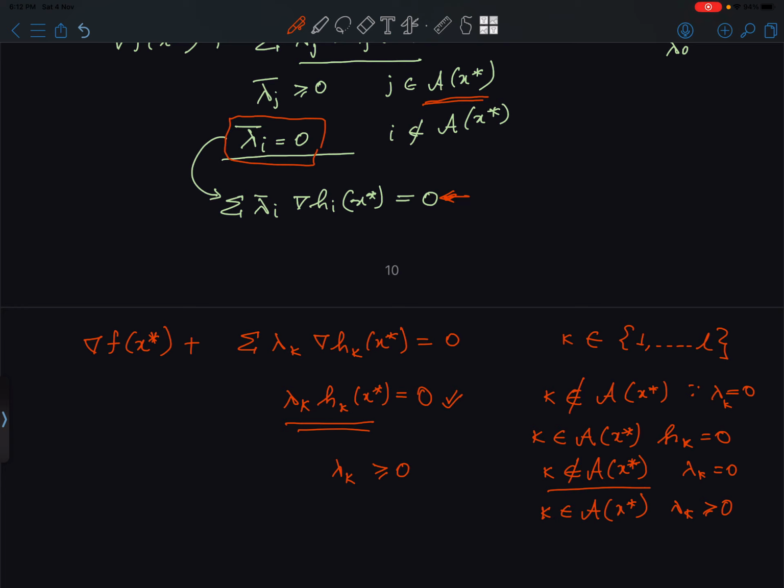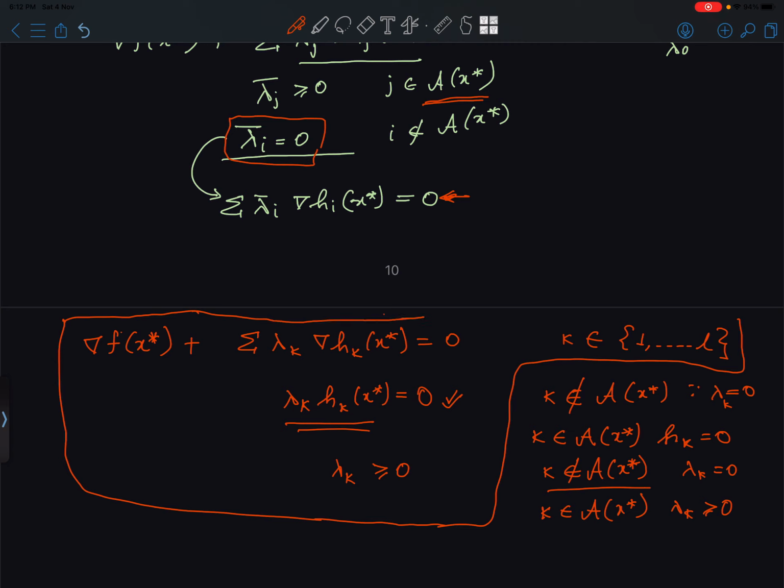So basically we can generalize these conditions for all the constraints, but we still need to keep track of what all constraints are active and what all are not.